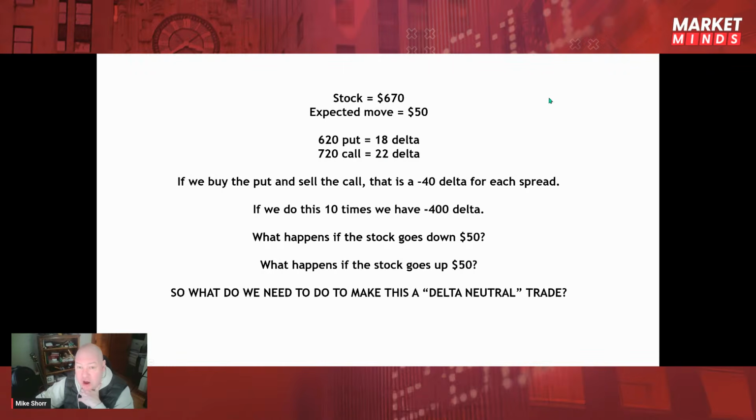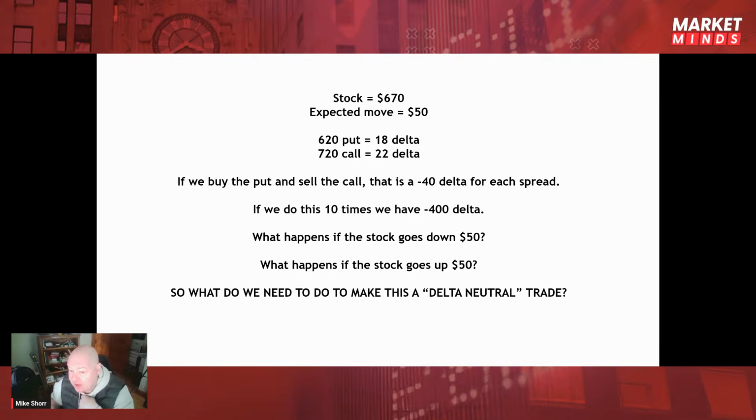The 720 call, we're selling that. That has a 22 delta. So this spread together has a negative 40 delta to it. We're not doing this at the money. So if we do this 10 times, we have 400 short deltas.